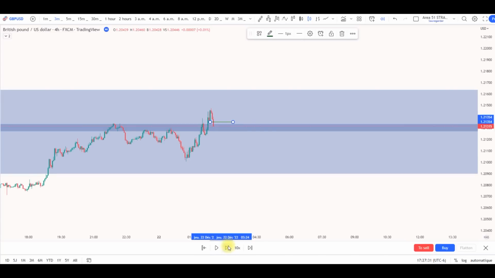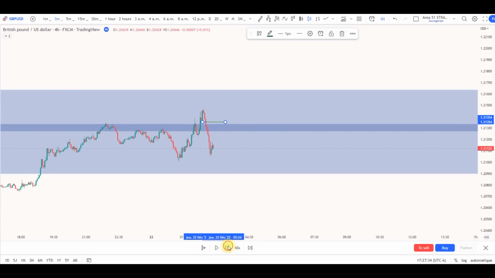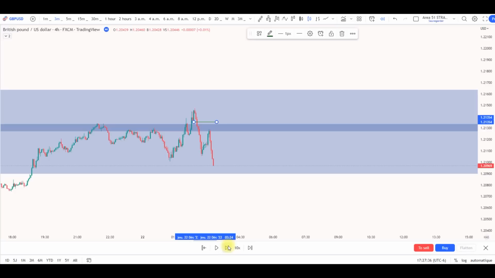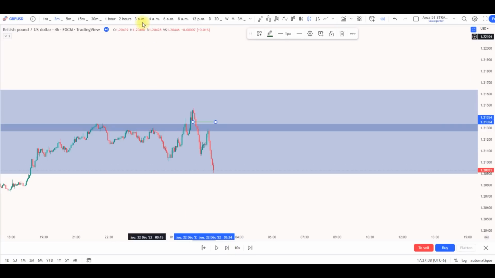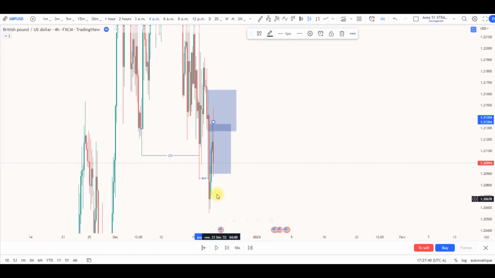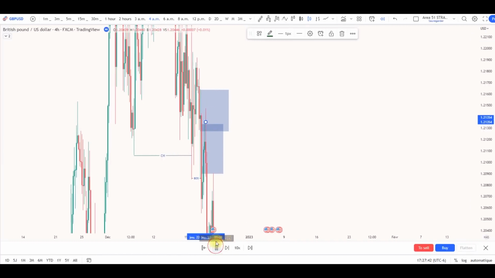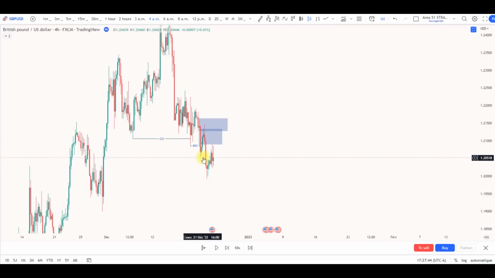Okay, and now you take your trade to the downside, target the next previous lows, which is right there. Boom, you target your previous lows, we break structure to the downside.